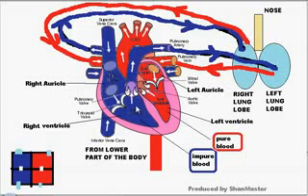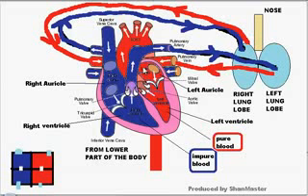When the ventricles together pump, from the left ventricle, through the aortic valve, it goes into the aorta. From the right it goes into the pulmonary artery. At both entrances you see valves.